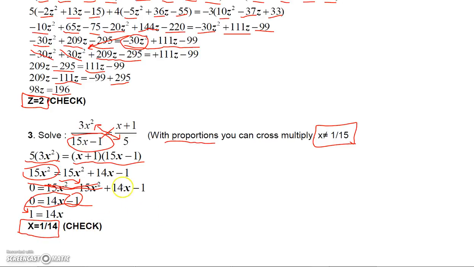Now, you might run across a problem like this where, let's say your answer was 1/15. Well, if that happens and you've done it correctly and you get 1/15 and you're not supposed to get 1/15, then what that tells you is that that solution will not work.